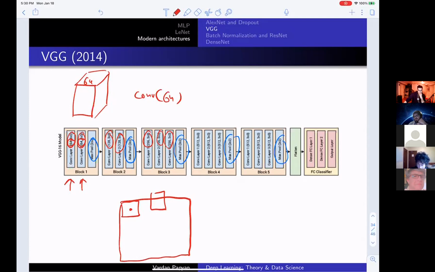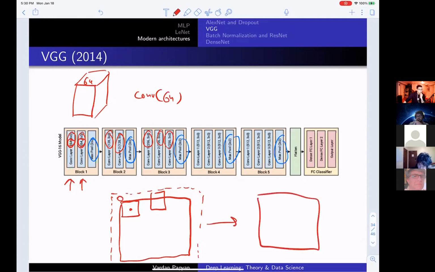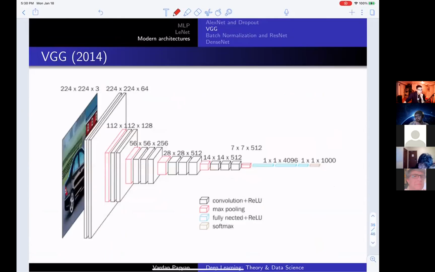So in practice, before convolving, people add a padding of size 1 of zeros. As a result, after the convolution, the size of the image stays the same. That's what the person was referring to as padding.